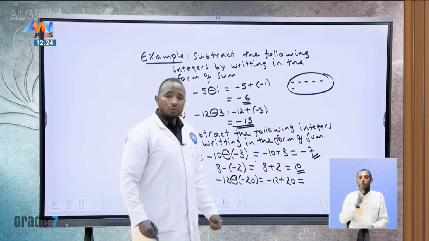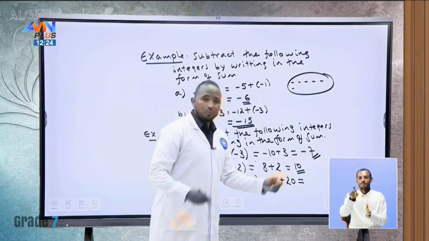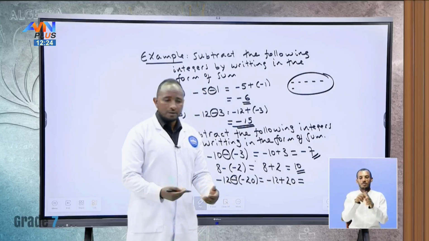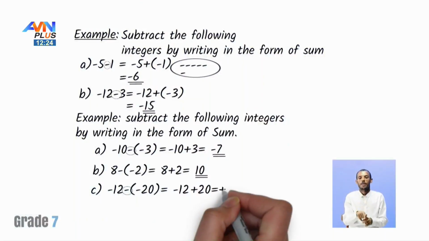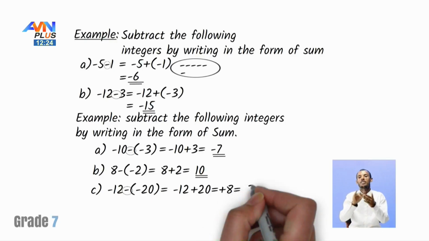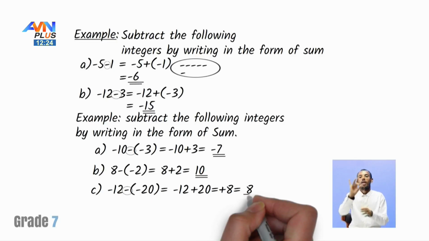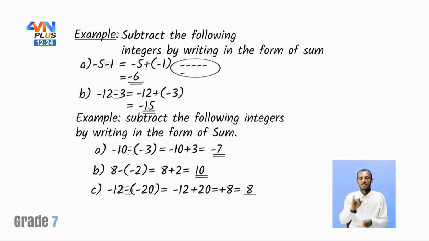Do we have more positives or more negatives here? We have more positives, so the result will be positive. And then we subtract. What's the difference between 20 and 12? Nice, it is 8. Therefore, the answer will be positive 8.